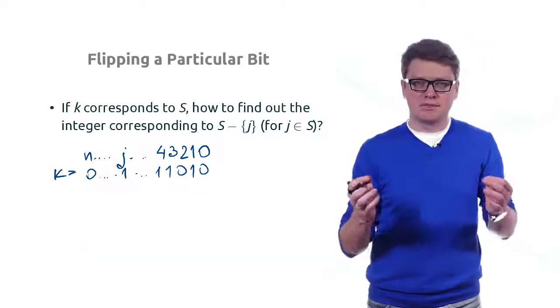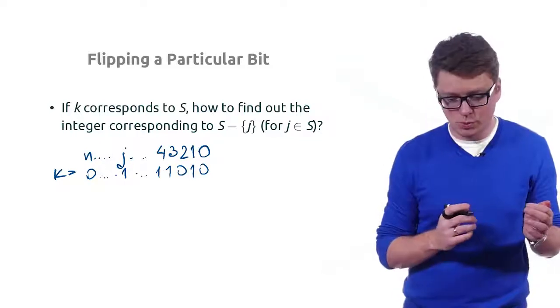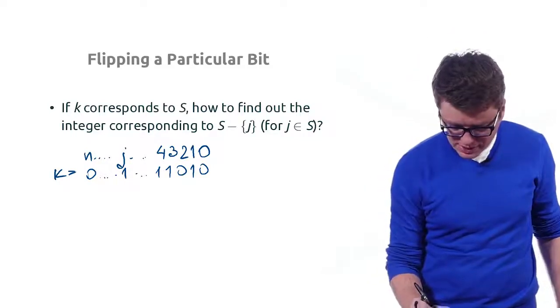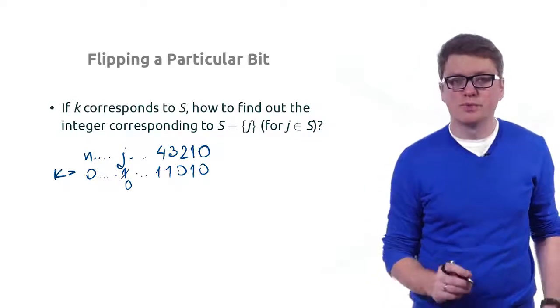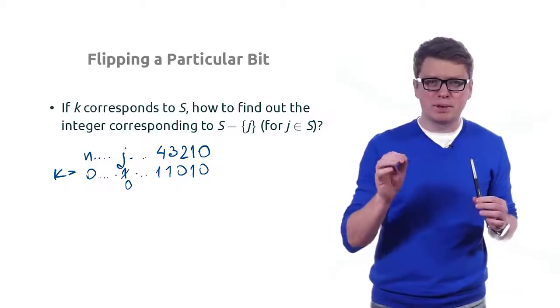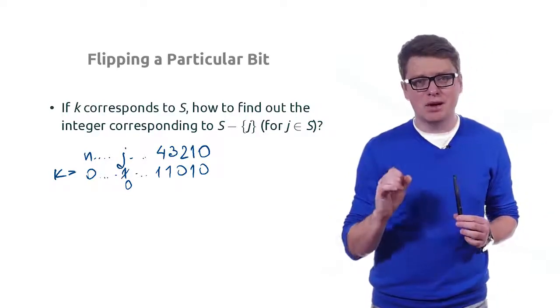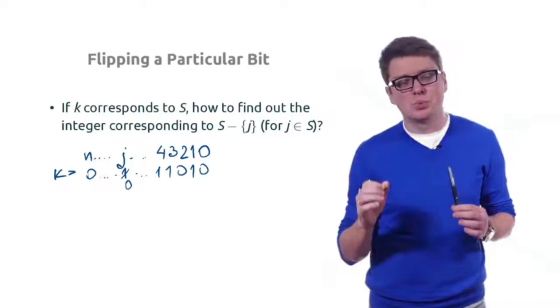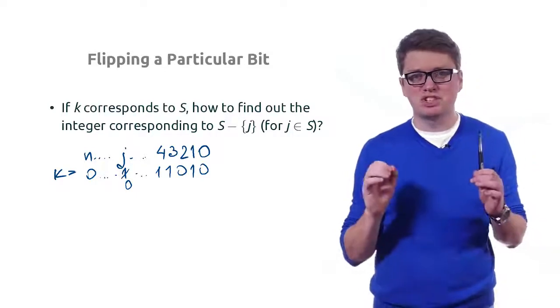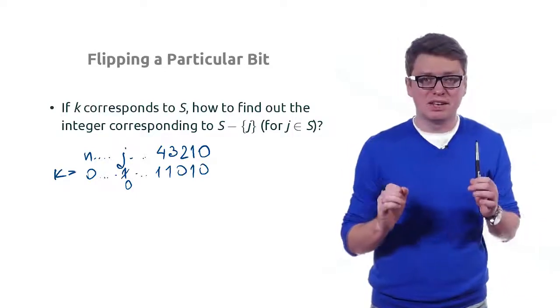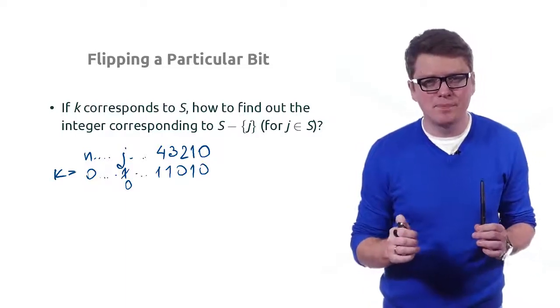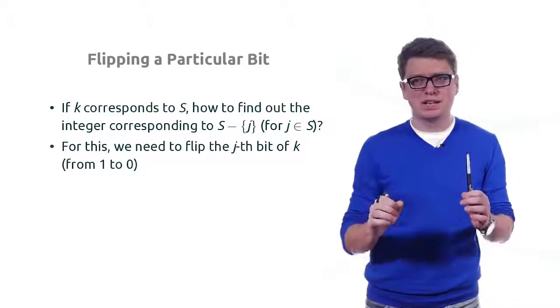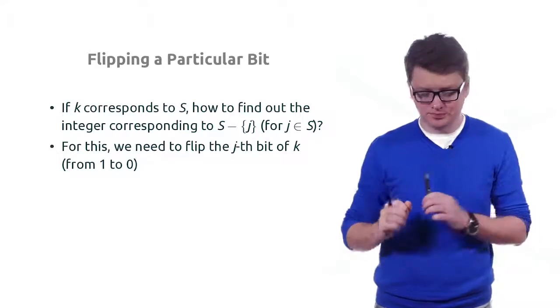To subtract j from the set S, we actually need to replace this 1 with 0, right? So we need to flip the jth bit of the number k. So we need to figure out how to flip the jth bit of the given integer k. Okay, this is what we've just realized.